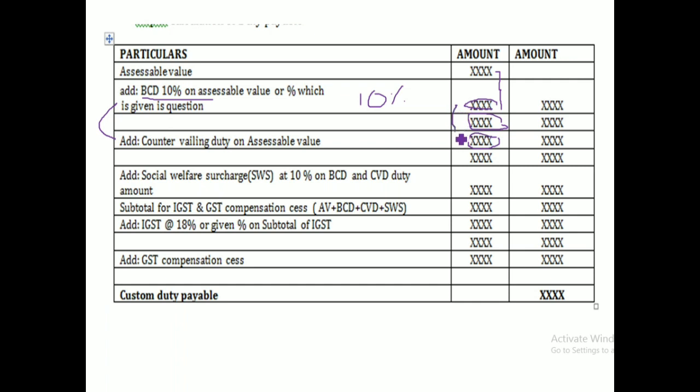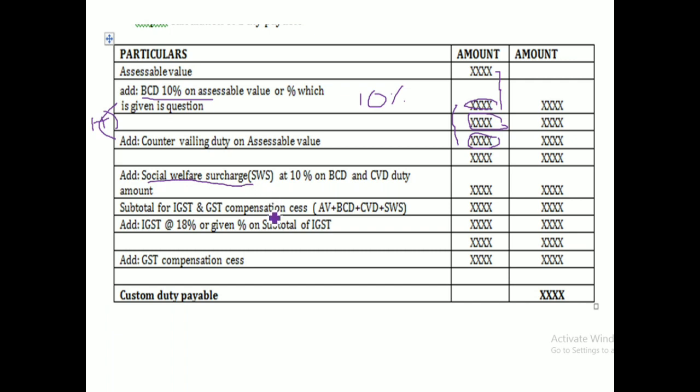After adding only these two, that is BCD and countervailing duty, on whatever value you get you calculate the 10%, that is the social welfare surcharge.